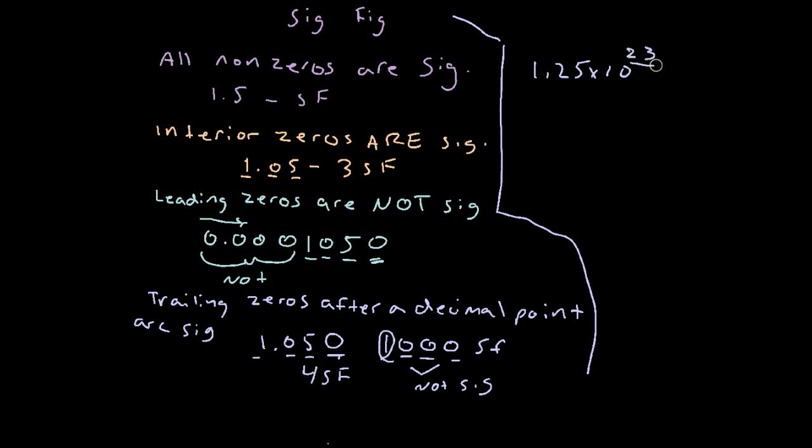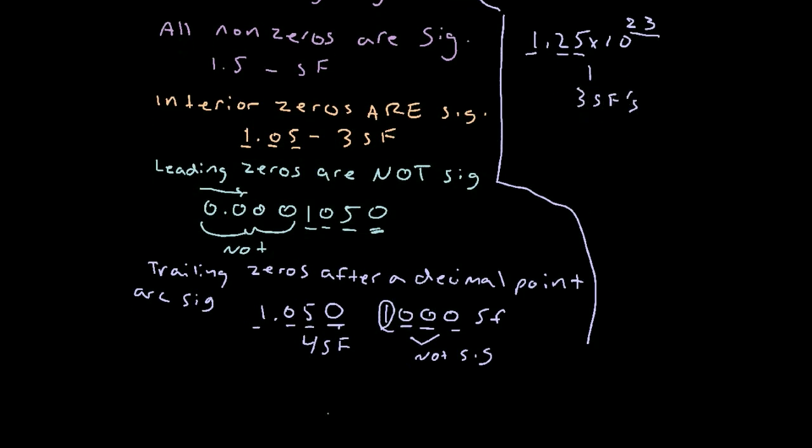Those 23 zeros following, or decimal places moved from the 1, are not significant. None of those zeros are significant. Only the numbers present are the ones you consider significant. So this would have three significant figures.